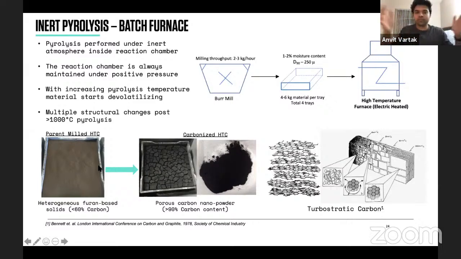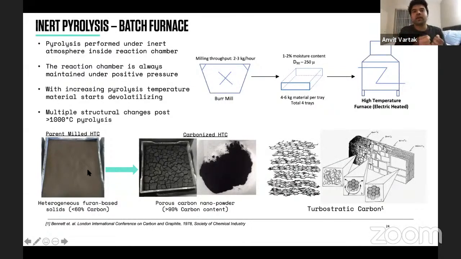High temperature heat treatment methods are very commonly known to drive off all these volatile functional groups from your material and leave you with a high carbon content material. So we decide to go with a high temperature furnace, but now it has to be inerted, because if you have air in the system, the oxygen interacts with your material.